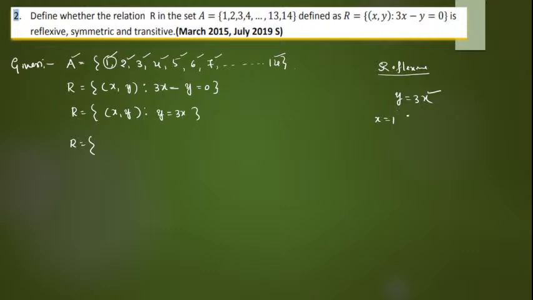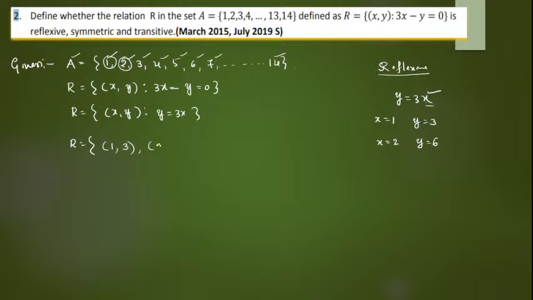Consider x equal to 1, what happens? If you consider x equal to 1, your y will be what? 3 into 1, that is 3 here. So the first ordered pair is (1, 3), and for the next value, choose x equal to 2. What happens? y is equal to 3 into 2, that is 6.